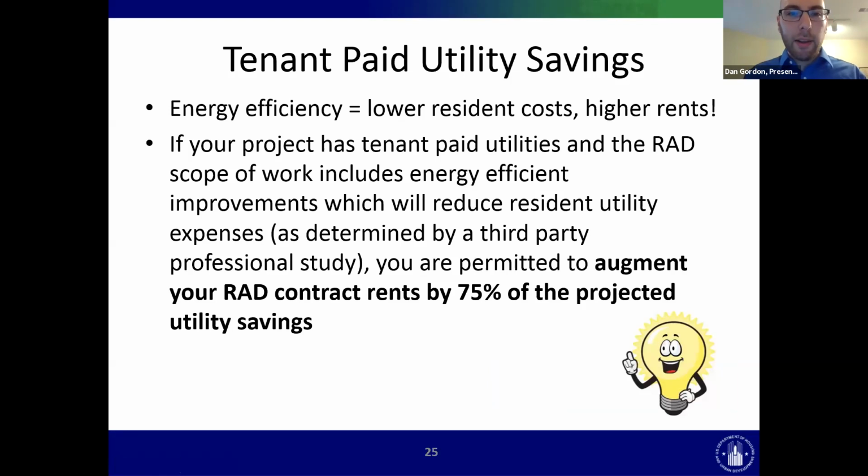Okay, this is an exciting one. If your project has tenant paid utilities and the RAD scope of work has energy efficient improvements, you are allowed to increase your contract rents by 70% of the utility savings. And as it says here, you'll need to submit to us a third-party professional study that estimates what the utility allowances will be after the rehabilitation and compares them to the current public housing utility allowances to show the difference.